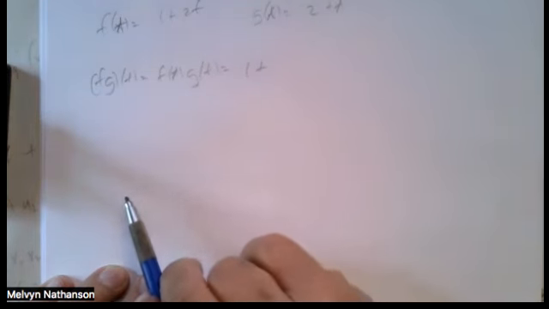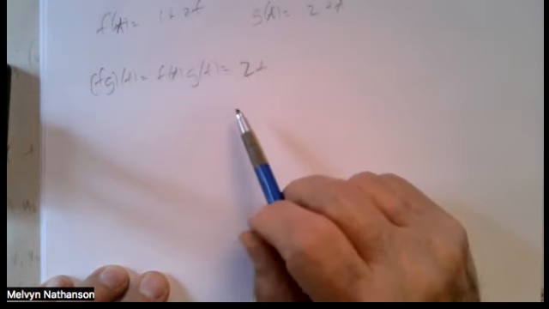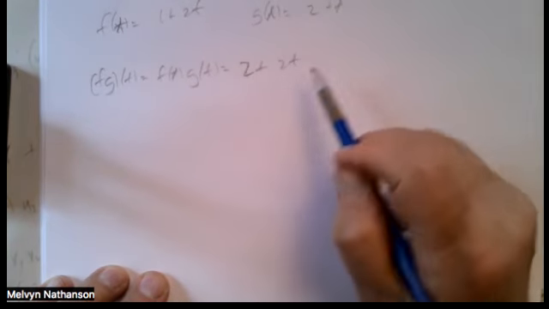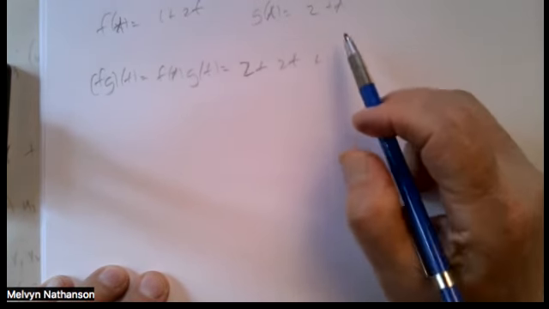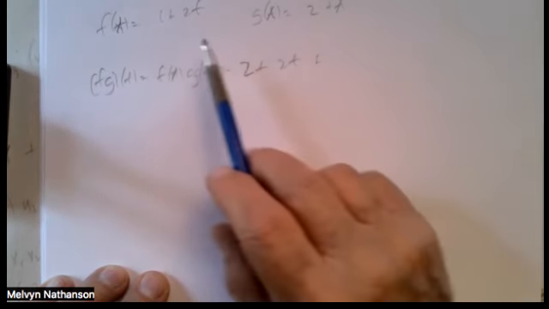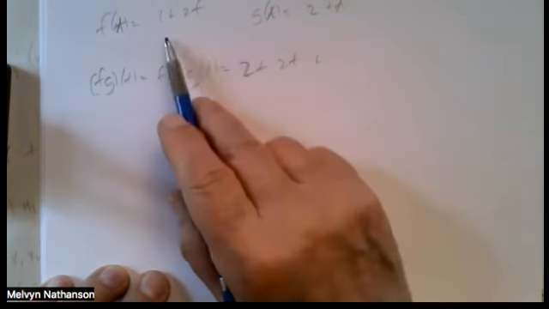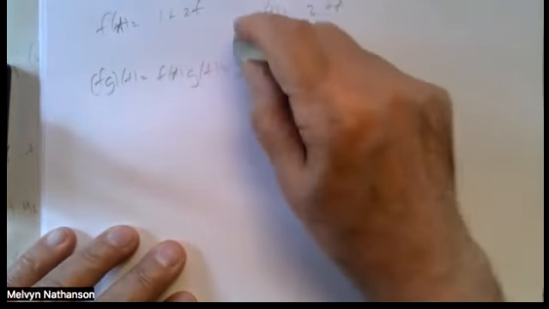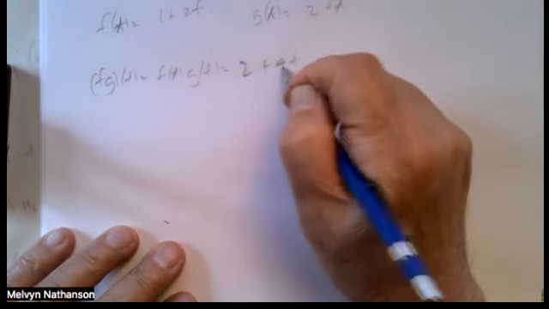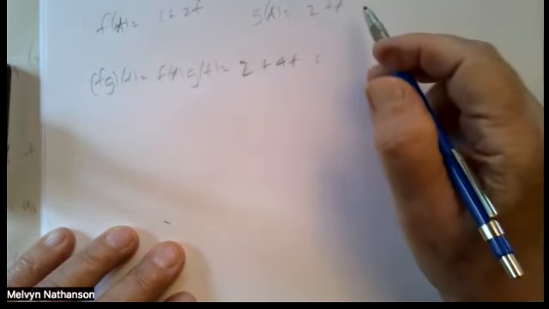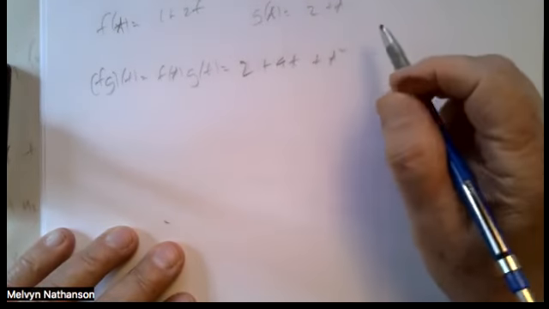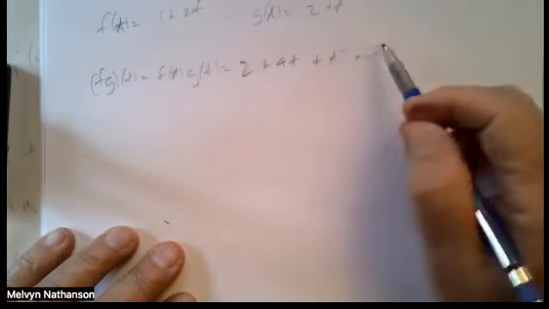I get 2 plus 4t plus 1t squared plus 2t cubed. That's f times g.